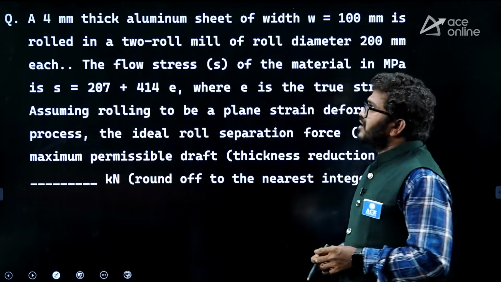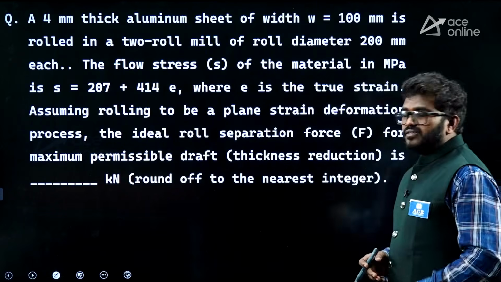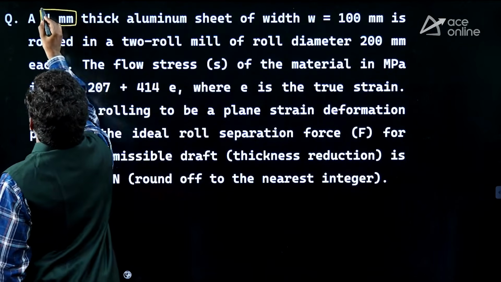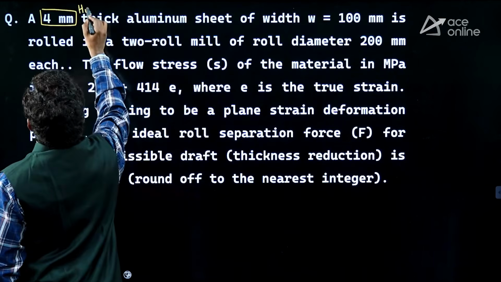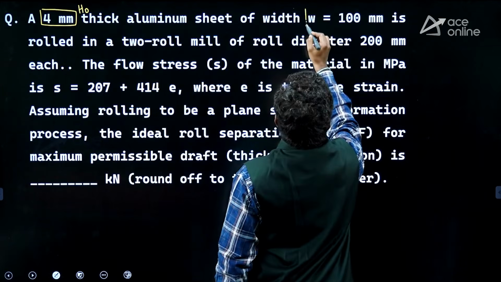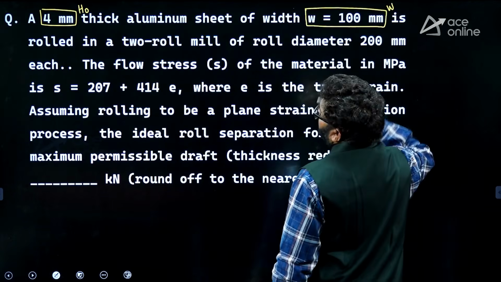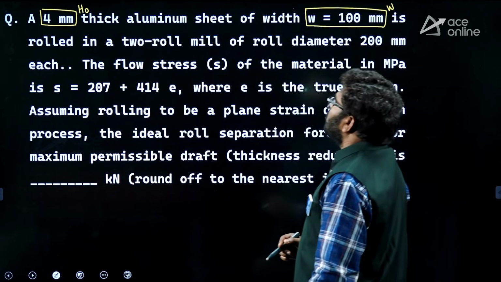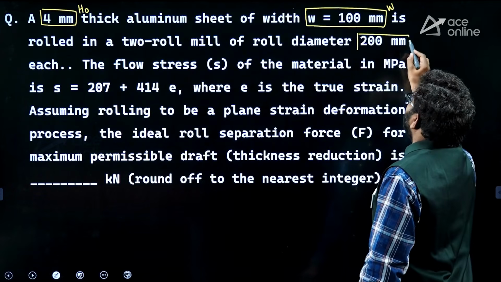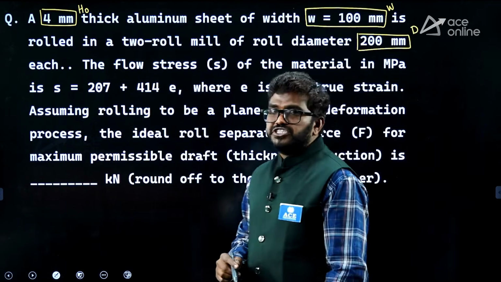See, listen, a 4 mm thick aluminum sheet of width, this is H naught I am taking, width is 100 mm. The thick aluminum sheet of width 100 mm is rolled in a 2-roll mill with a roll diameter of 200 mm each.